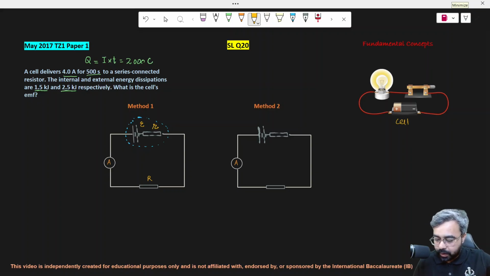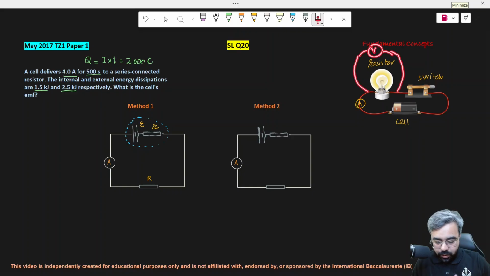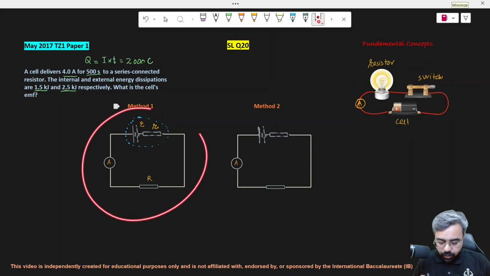This is your external resistor to which you are delivering energy, and this is the switch. If you want to calculate the current, you can attach an ammeter in series, and to find the potential difference across the resistor, you attach a voltmeter in parallel. Anyway, this is our circuit.